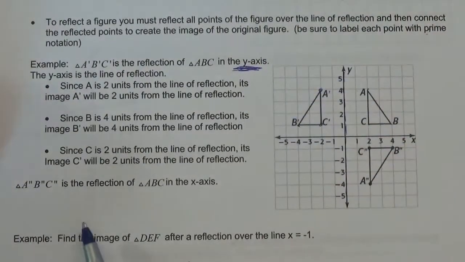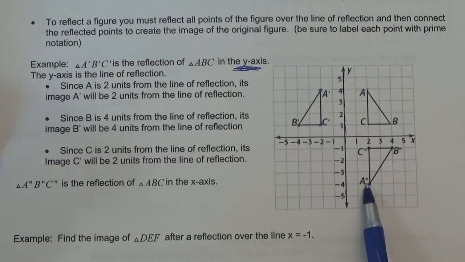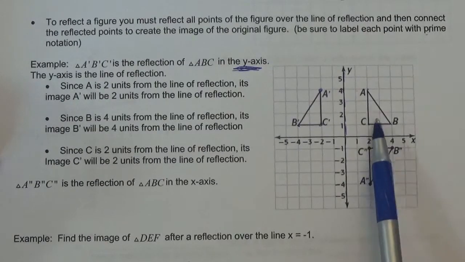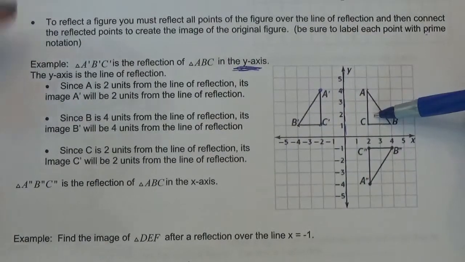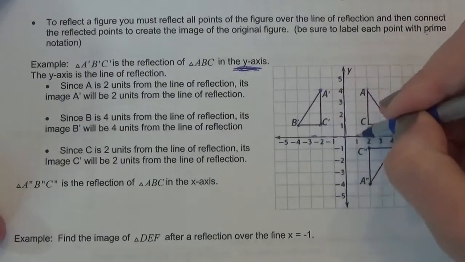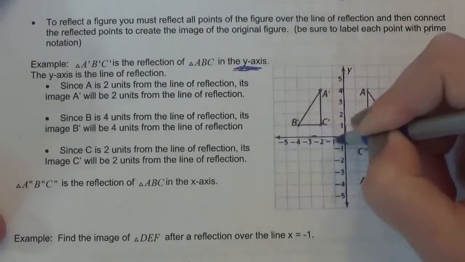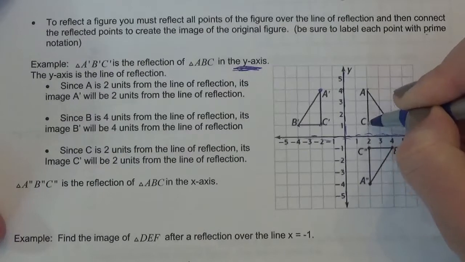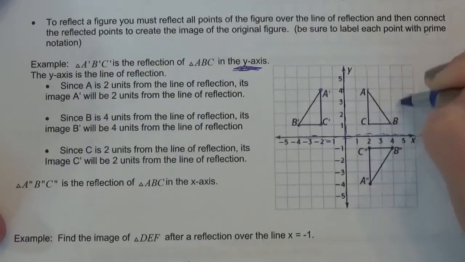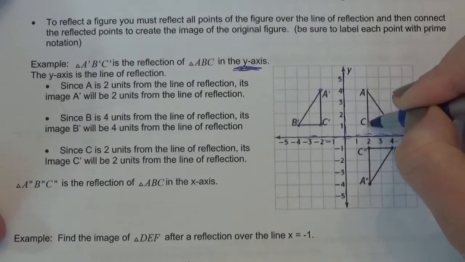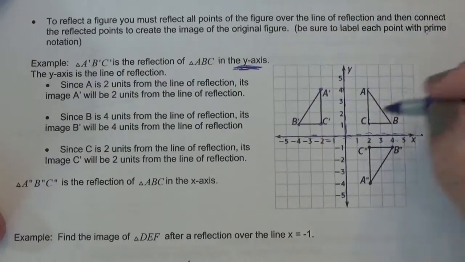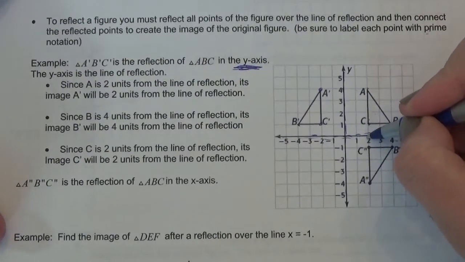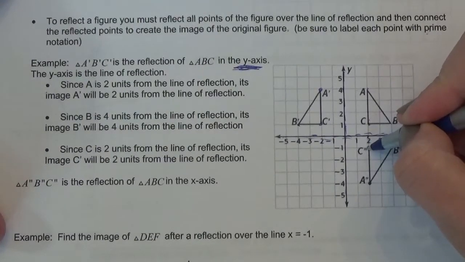Now what else did they do here? Yes, then they said this one here, A double prime, is the reflection of the original over the x-axis. So see, it depends where you're reflecting. If I'm going to reflect this original triangle over the x-axis, then I have to count toward the x-axis. So C is 1 away, I put it 1 away on the other side.